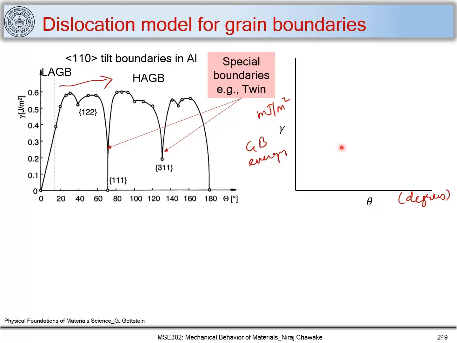In this region, which is the low angle grain boundary, you can say that gamma, that is the grain boundary energy, is proportional to theta. And at higher angle grain boundaries, it more or less saturates to an energy that is gamma SV, the surface energy for that material. So this gamma is more or less proportional to gamma SV upon 3, where gamma SV is the surface energy. Let me write that down also.